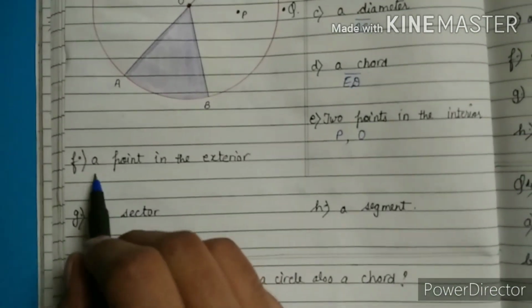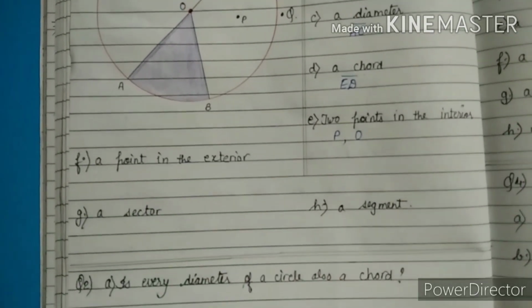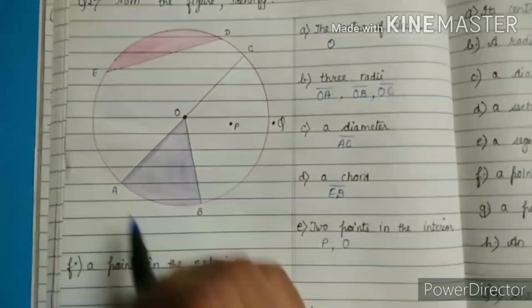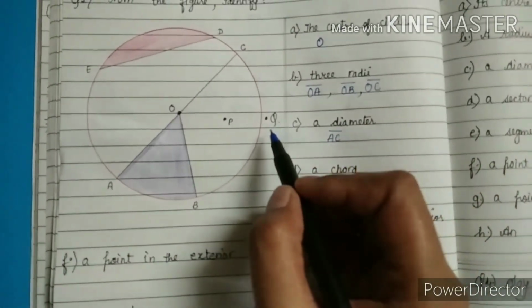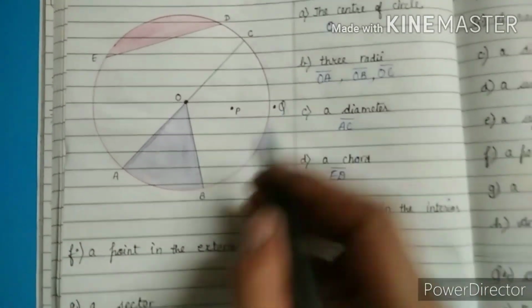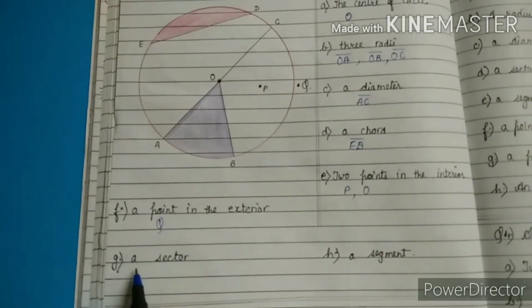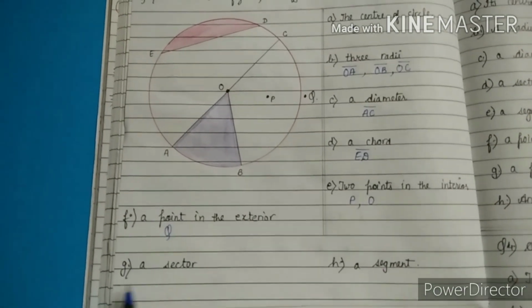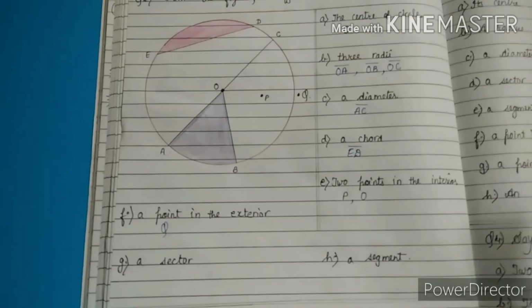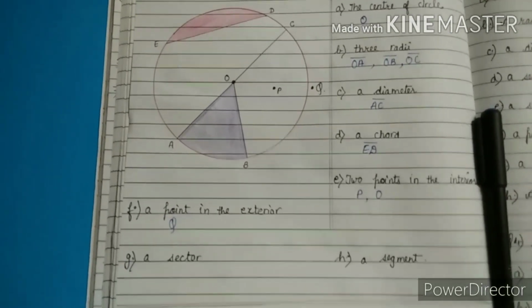Now F is a point in the exterior, a point that is outside the figure. Have you seen? Yes, Q. Now G, a sector. What is the meaning of sector? A sector means 2 radii and 1 arc.